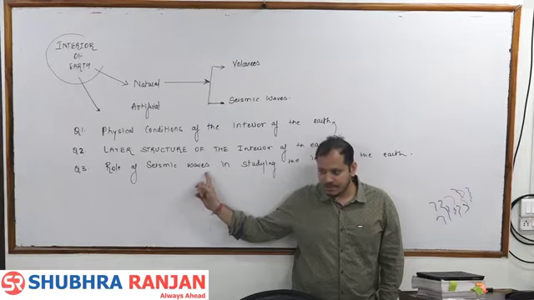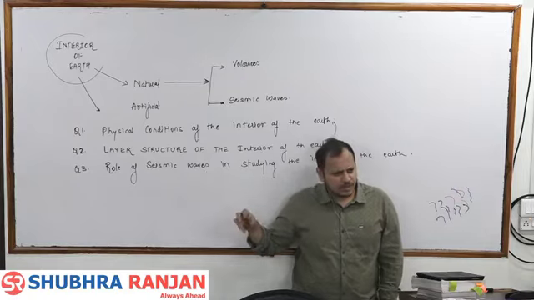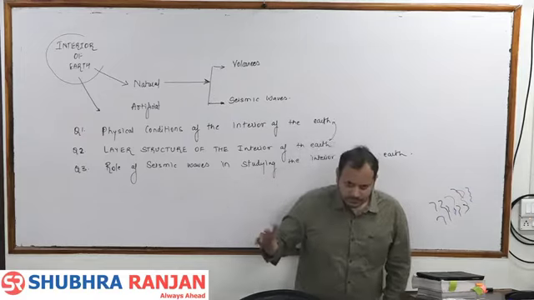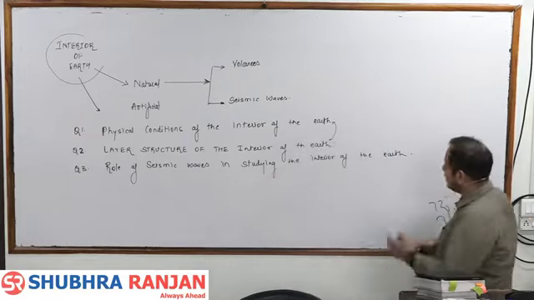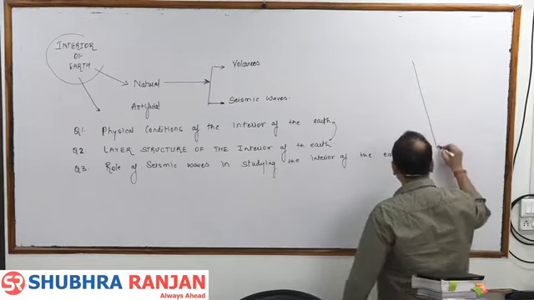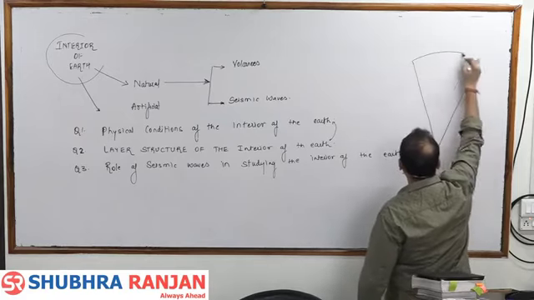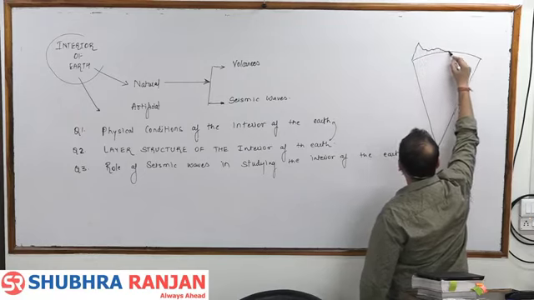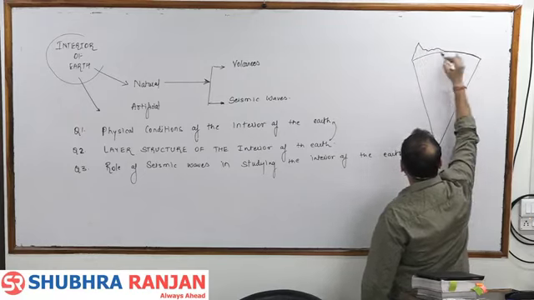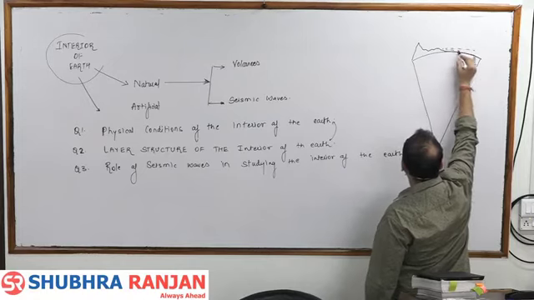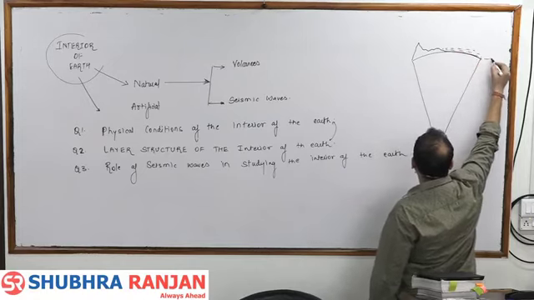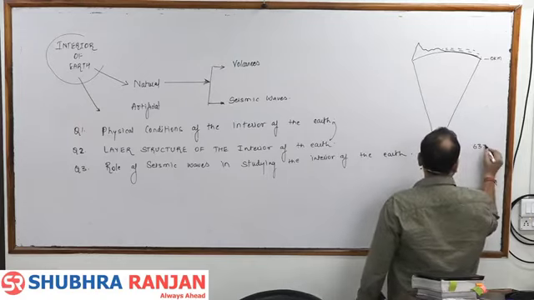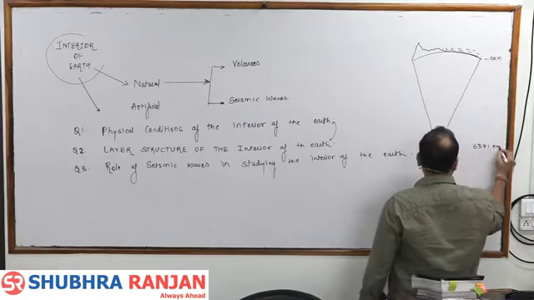Seismic waves. So how do the seismic waves help us to give complete understanding of the interior of the earth? Now to study the interior of the earth, there are some ways of studying it. This is our earth, this is the mountain, and this is the ocean. Zero kilometers. Radius 6371 kilometers.